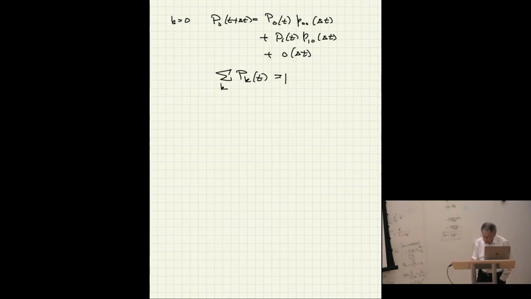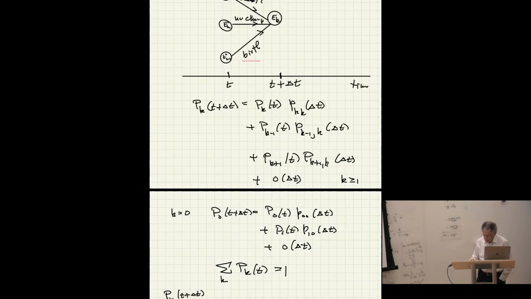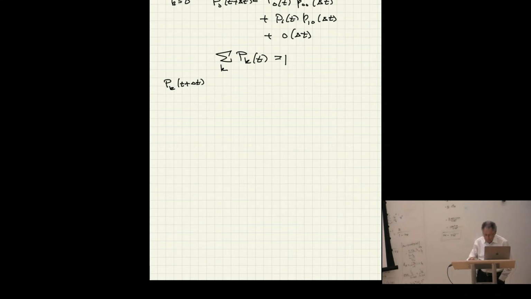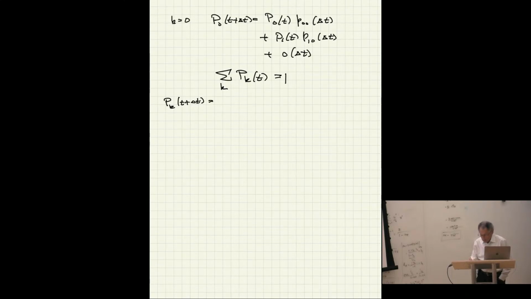I'm going to get p sub k of t plus delta t, this first equation, is equal to probability I was in state k at time t, and first of all, I didn't get a birth. That's 1 minus lambda sub k delta t plus little o of delta t.